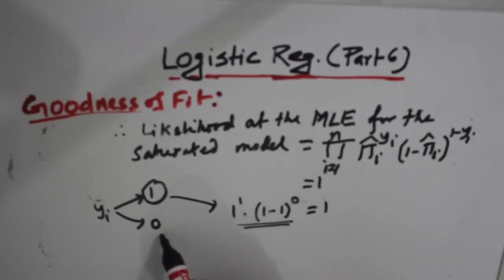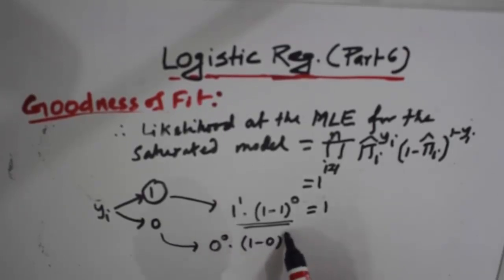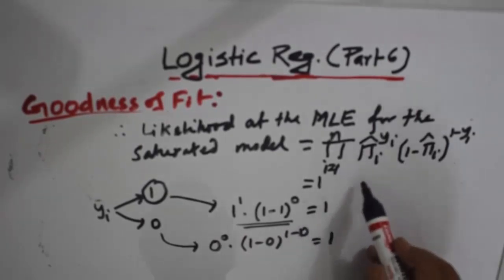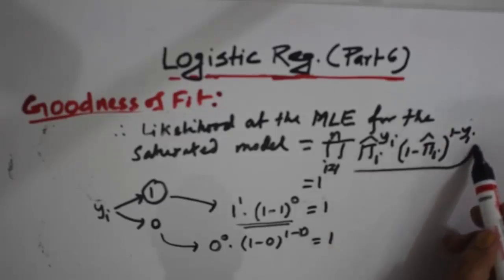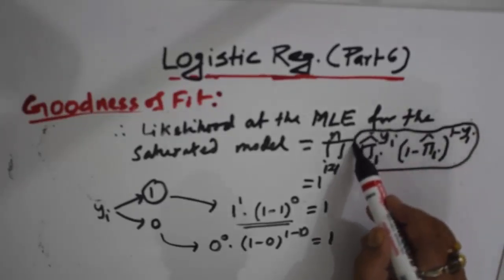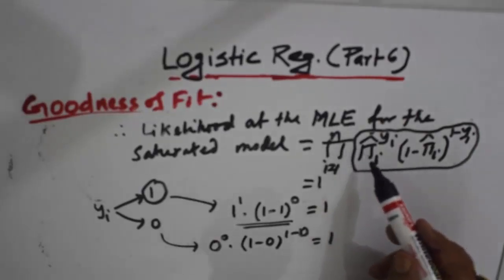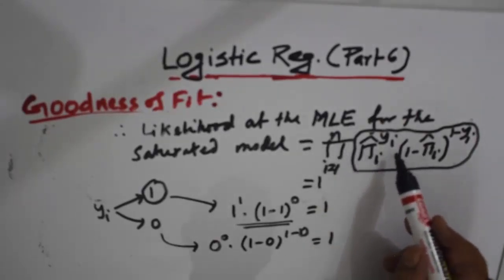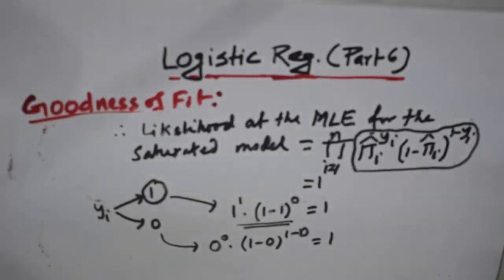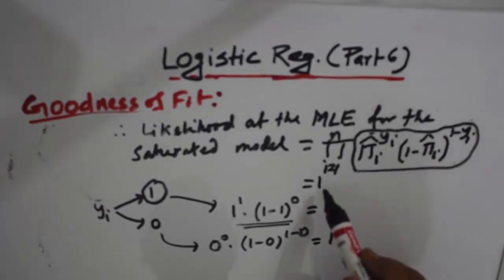And when it is 0, then again, similar reason, 0 to the power 0 into 1 minus 0 whole to the power 1 minus 0, again 1. So this product should be 1 always.